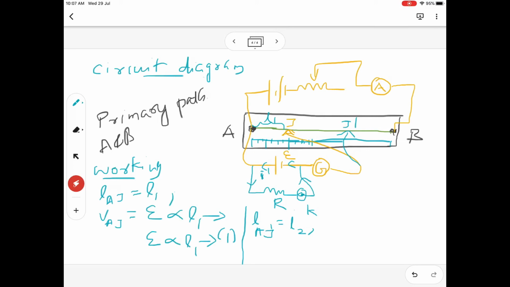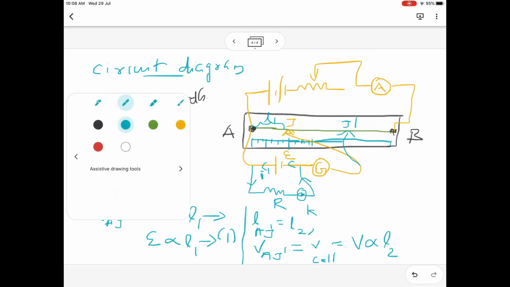That's when the cell connected across AJ dash is sending some current out to pass through the external resistance capital R. Now, is it the same EMF you are measuring or the terminal potential difference? It's not an EMF; instead it's a terminal potential difference only, because this is the potential difference we are measuring between the terminals of a cell by the time a current is drawn from the cell by an external resistance.